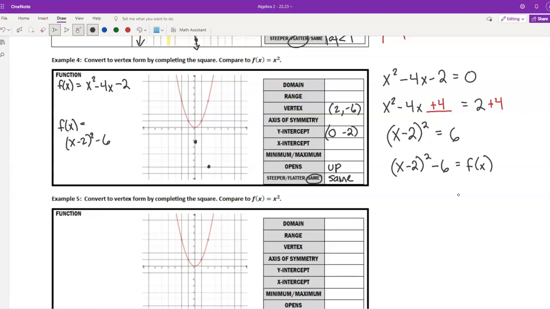Notice that the a value, which we already talked about, is positive, so it's opening up. That means we're going to have a minimum, so our vertex is our minimum. And my axis of symmetry is the x value, so it's 2. So I'm going to highlight that with a straight line.